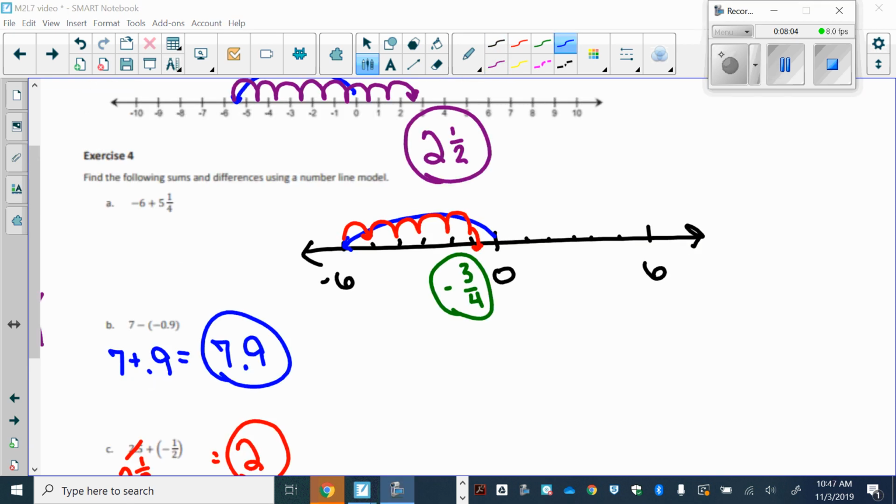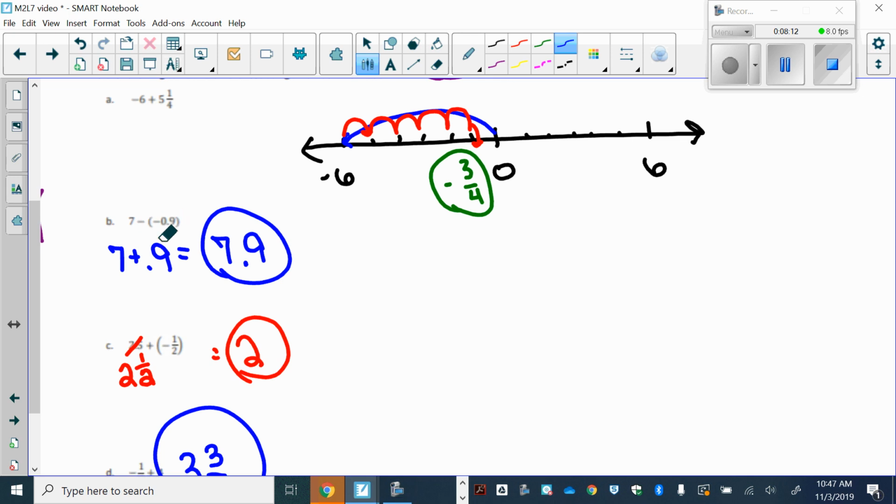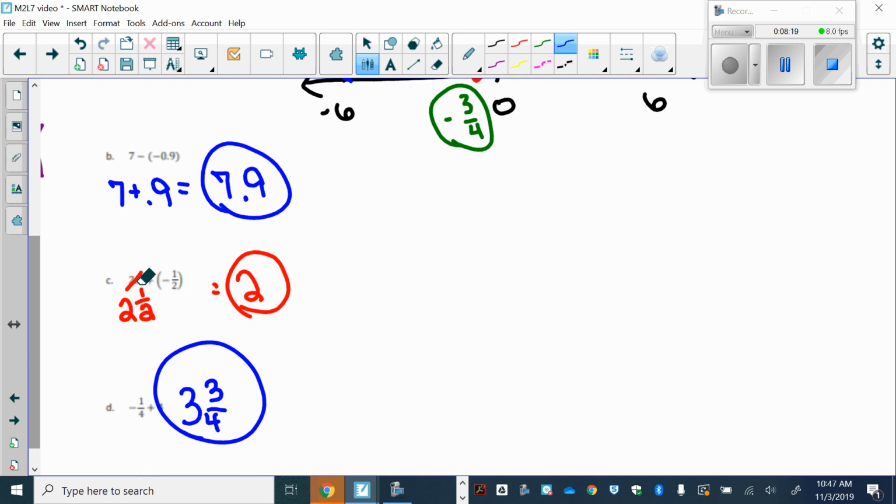So this first one, I wanted to draw a number line, and I recognized that my answer is negative 3/4. The second one, when I changed it to adding the opposite, 7 plus 9/10 is 7 9/10. Problem C, I changed my decimal of 2 5/10 to 2.5. And then I realized 2.5 plus negative 2 plus negative half, my halves cancel, leaving me with 2.